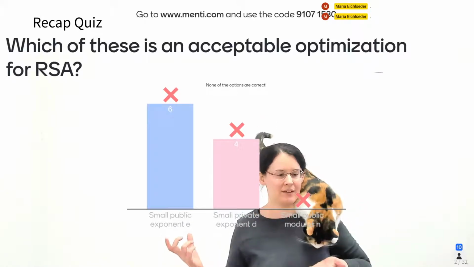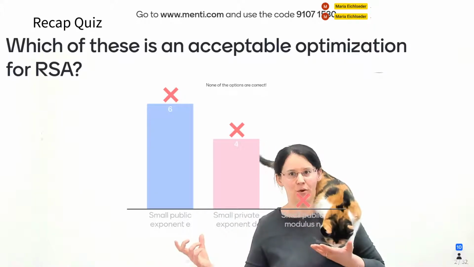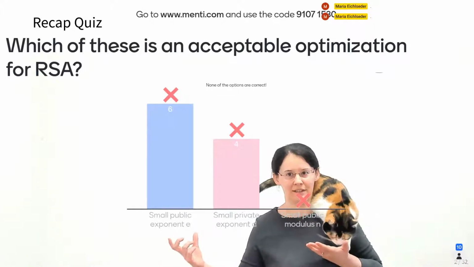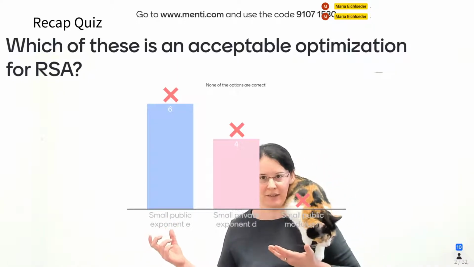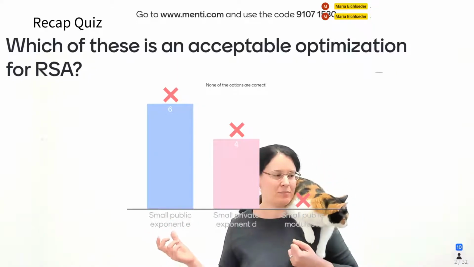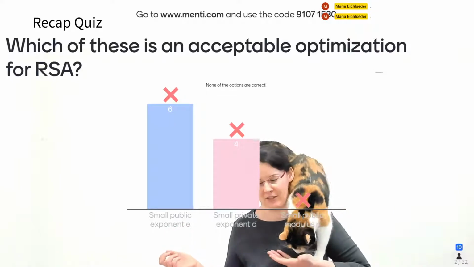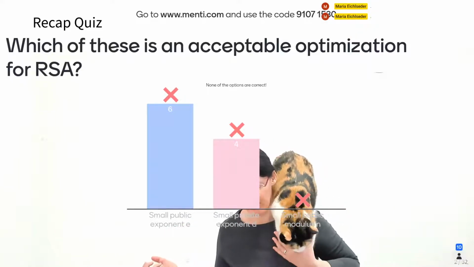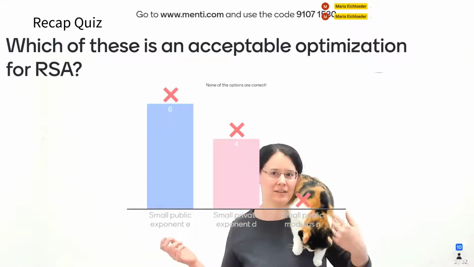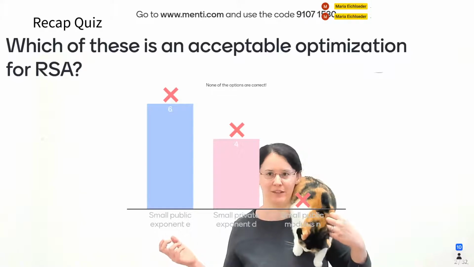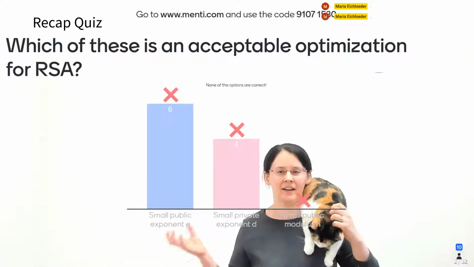For example, when people use the same small public exponent e, for example, e equals 17 or 65537, then there are actually problems, but these are primarily when all of them encrypt the same message. And since we usually include a sort of randomized padding, these weaknesses can't appear in reality when implemented properly. So this is indeed the best of these ideas.